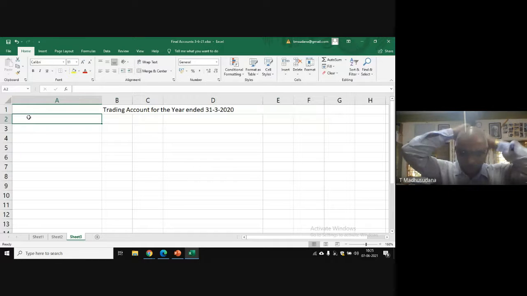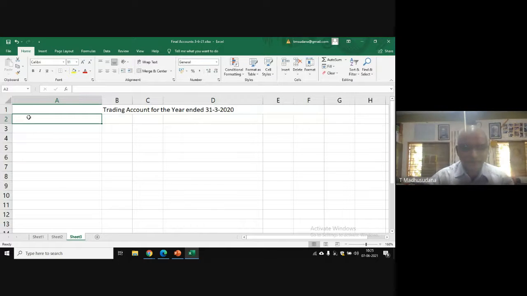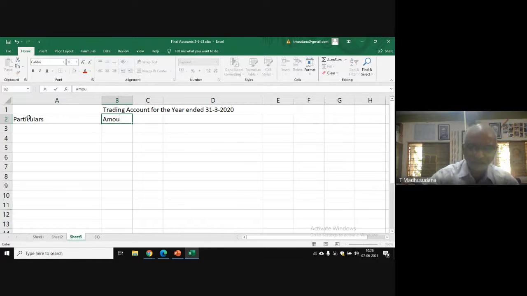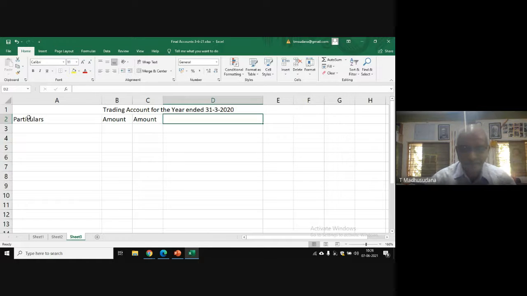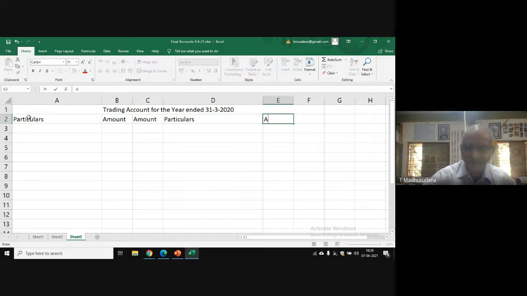First we have to prepare the trading account. So what are the headings? Particulars, amount, and next on the credit side, particulars, amount.